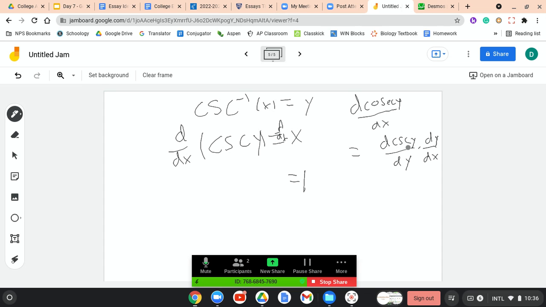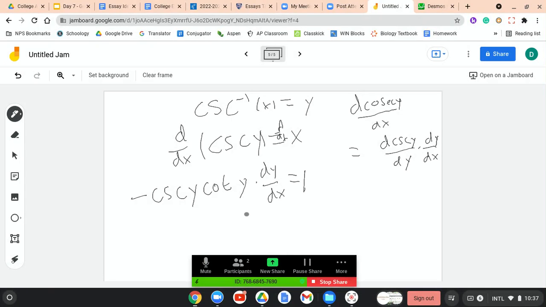The derivative of cosecant y with respect to y is negative cosecant y cotangent y. Let me triple check that that's the correct derivative. Yeah. All right. Nice. And then I have to multiply it by dy over dx.